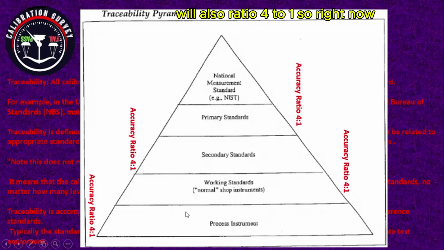So when I trace my equipment from a lower level to a higher calibration, and higher, then to NIST, for example, this is called my calibration process is traceable to NIST.